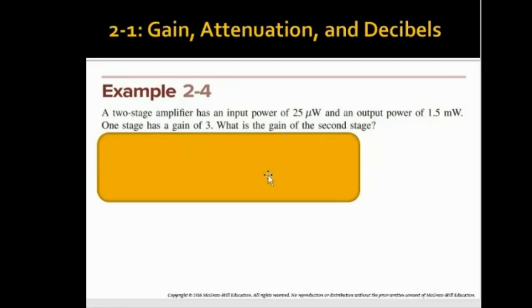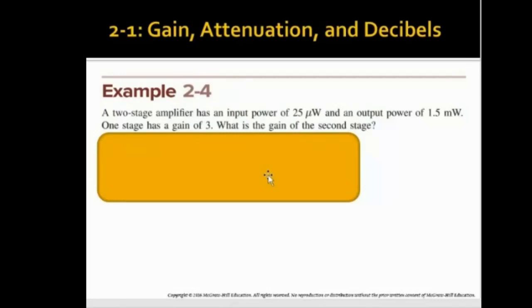So this means we have two amplifiers cascaded. The gain of one of them we know is 3. We want to find the gain of the second amplifier. We also know the input and output powers. How can we find the gain of the second amplifier?